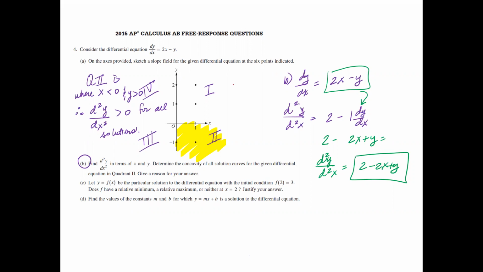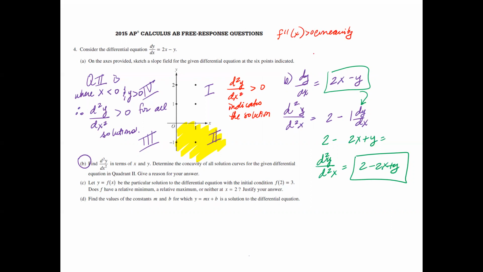And what that means is that d squared y over dx squared is greater than 0 indicates the solution. If you think about the second derivative being greater than 0, you're talking about concavity.